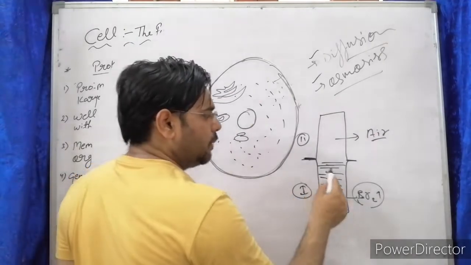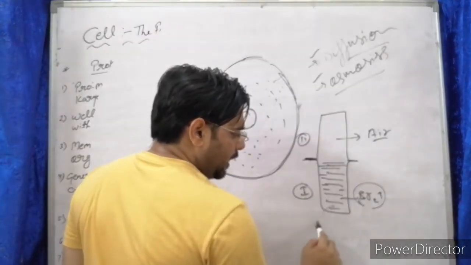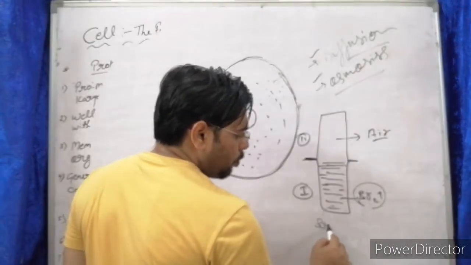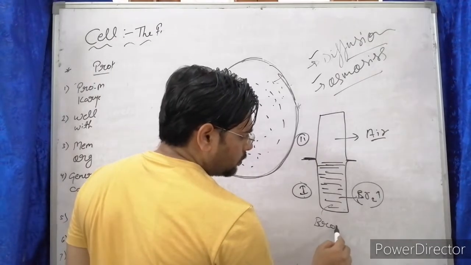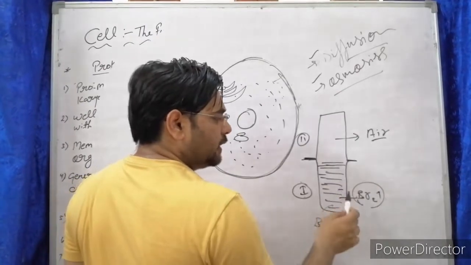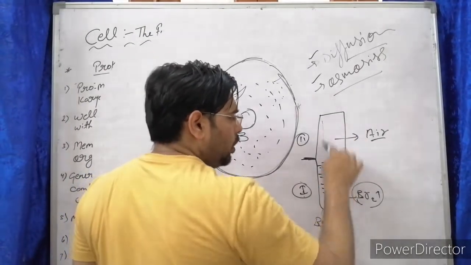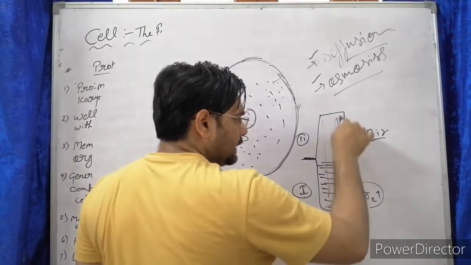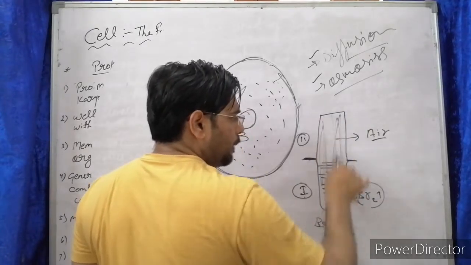So what we observed is that the color of the first beaker is brown. We observe that after some time the whole system will be in brown color.